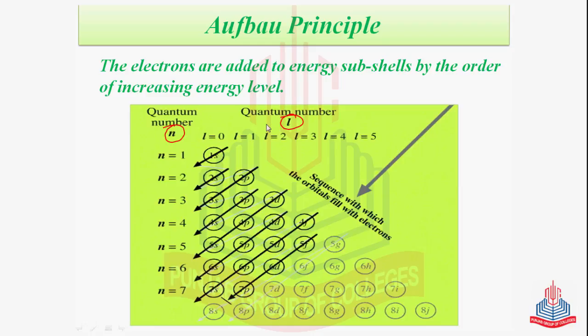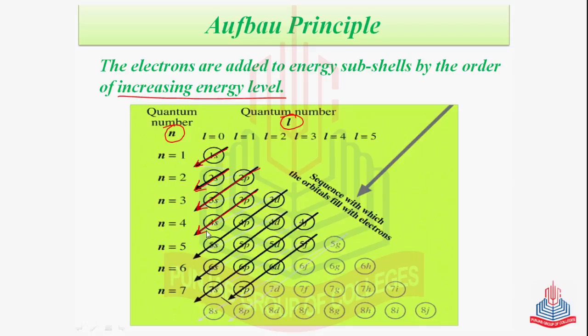Now, according to Aufbau principle, the electrons are added to energy levels by the order of increasing energy level. जैसे जैसे एनर्जी बढ़ती जा रही है, means firstly the electron will go in 1s, then 2s, then in 2p, then 3s, then 3p and then in 4s.